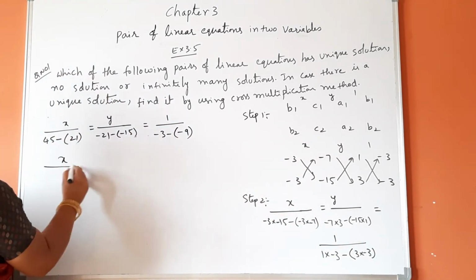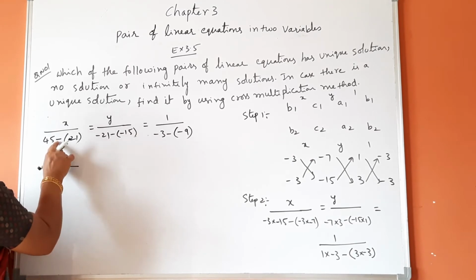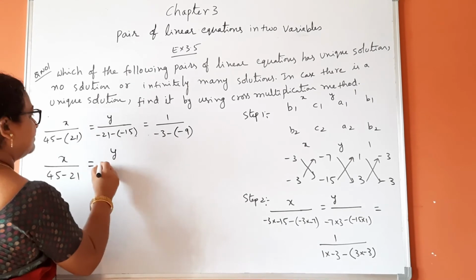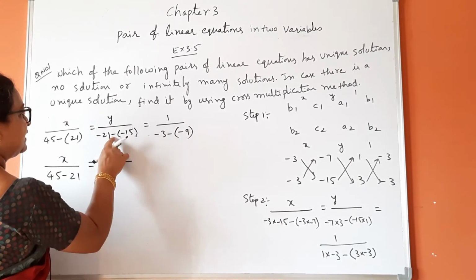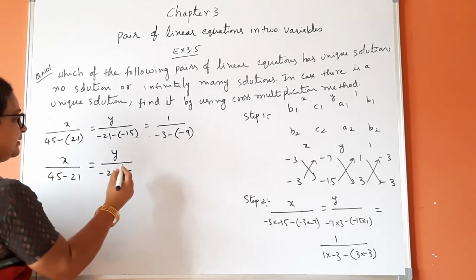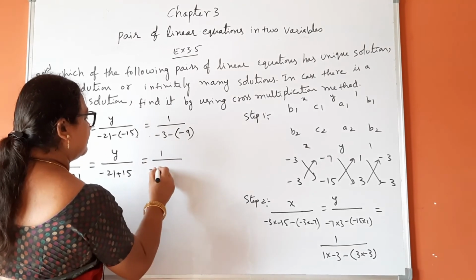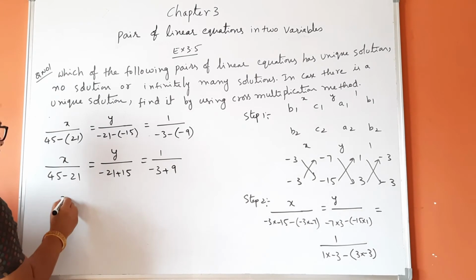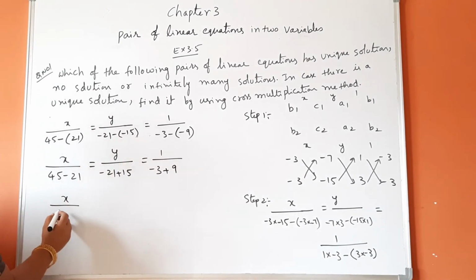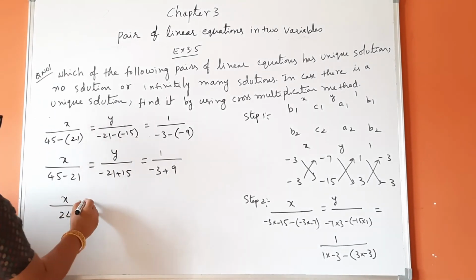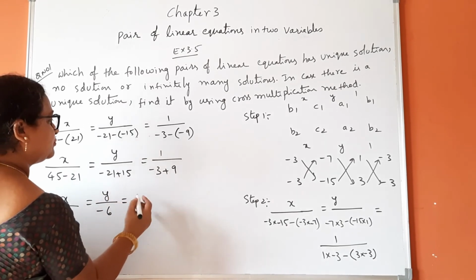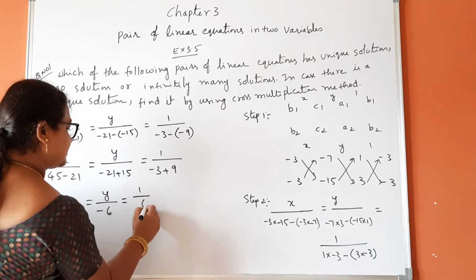So x by 45 minus of plus minus 21 is equal to y by minus 21 minus of minus plus 15 is equal to 1 by minus 3 minus of minus plus 9. So x by 24 is equal to y by minus 6 is equal to 1 by 6.